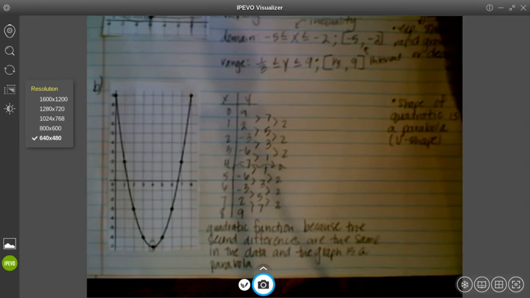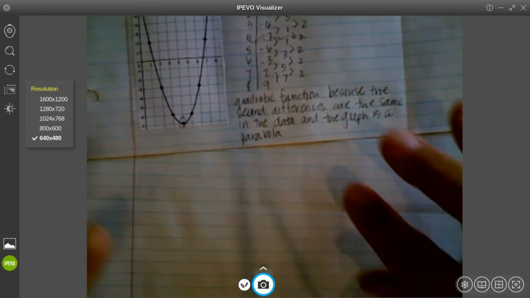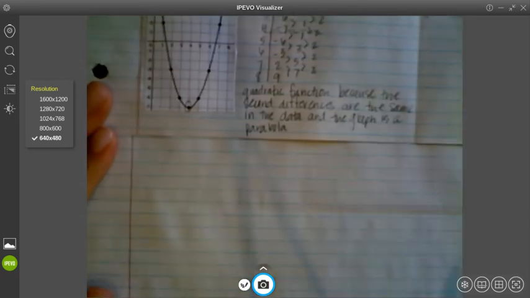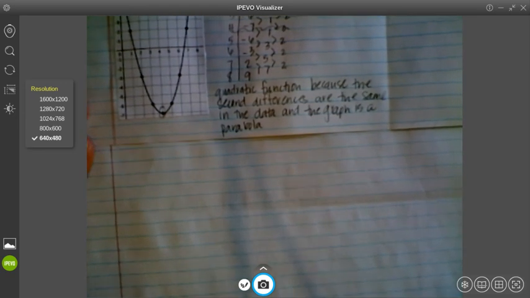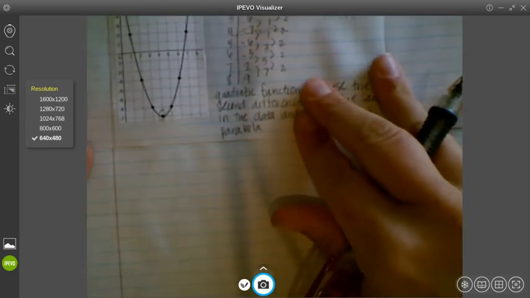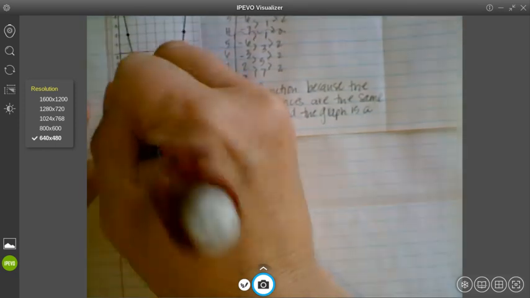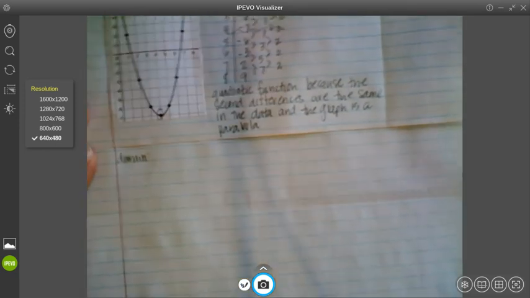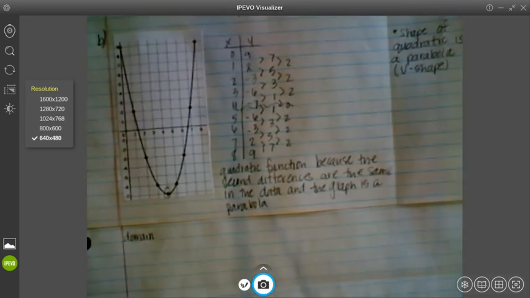Now we want to write the domain and range for this graph as well. So let me shift to a different piece of paper so that I have room for that. Now we're writing our domain and range in both inequality and interval notation. So starting with the domain, those are all of our x values. So we read our domain from the left side of the graph to the right side of the graph.